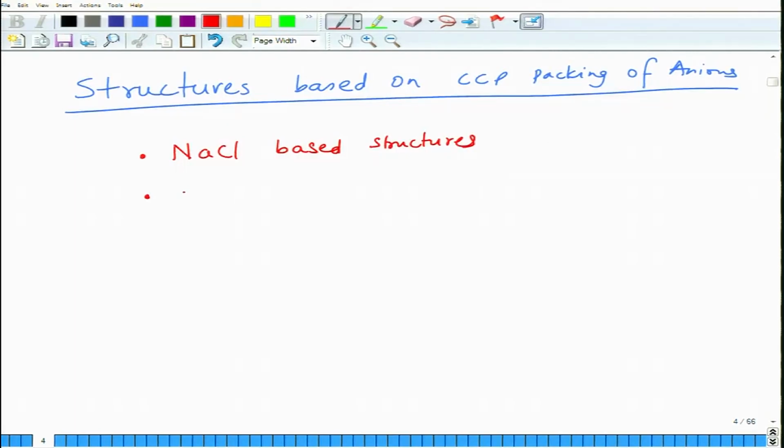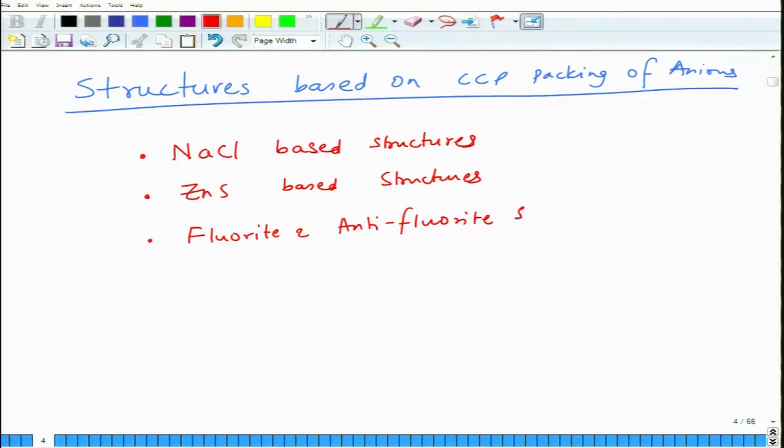Then we have zinc sulfide based structures. Then we have fluoride and antifluoride structures. These are three important structures. Then we have spinel structure and a few more.